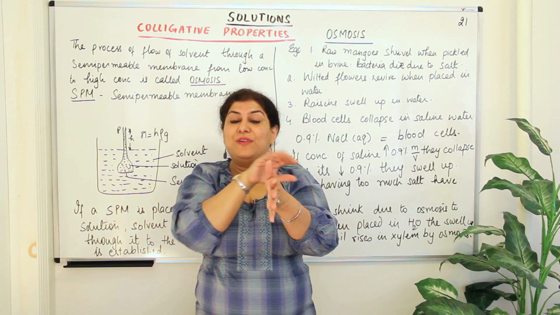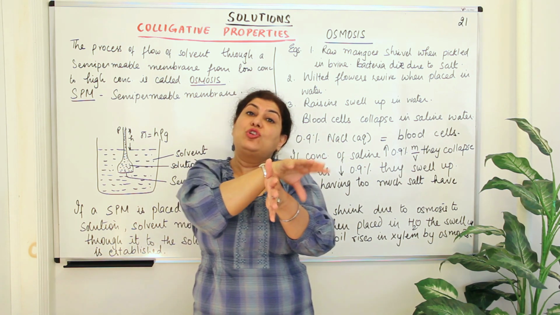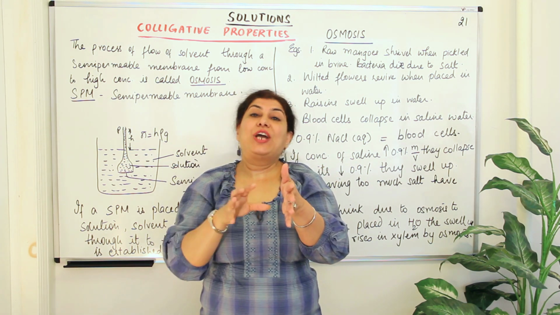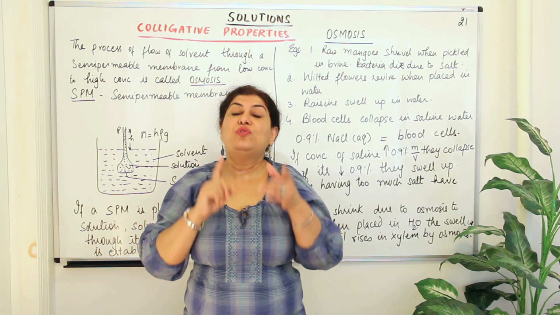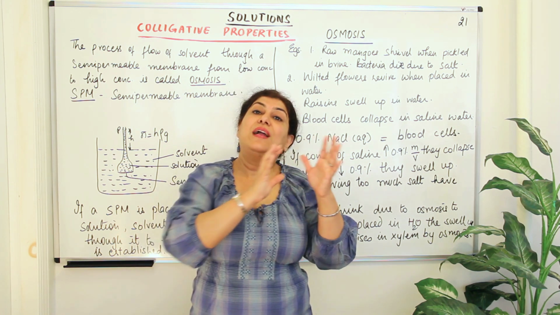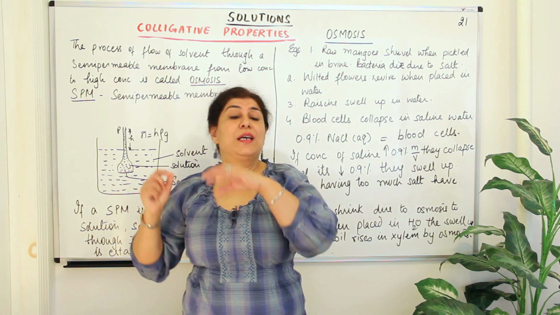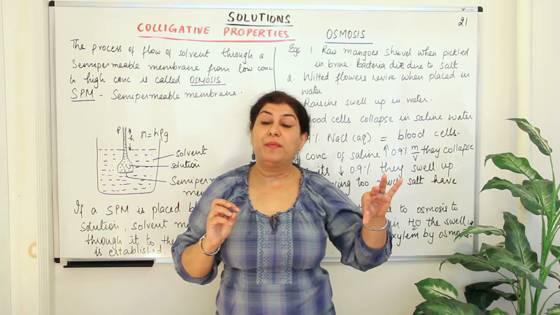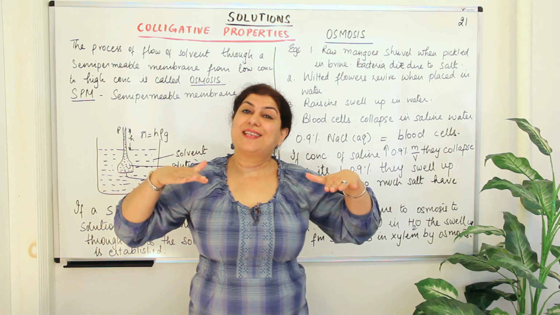Now the solvent will move from its higher concentration, or from the solution of lower concentration, towards that side which has less solvent. So the solvent always moves in the direction of less solvent.